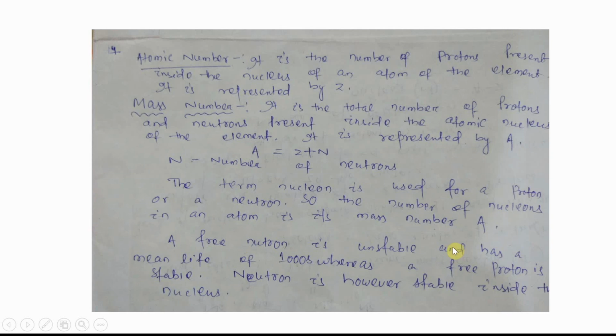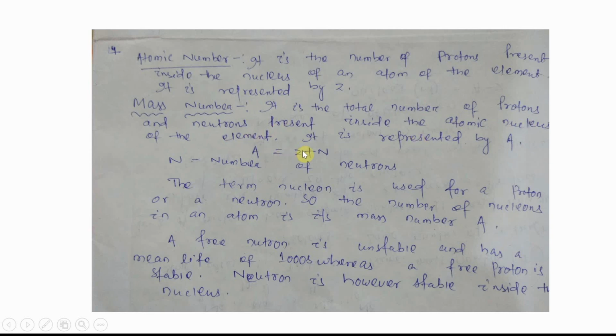Next come to atomic number. We have already discussed in the previous cases that atomic number is the number of protons present inside the nucleus of an atom, and it is represented by the symbol Z. Similarly, the mass number is the total number of protons and neutrons present inside the atomic nucleus. That means we can say the number of nucleons.